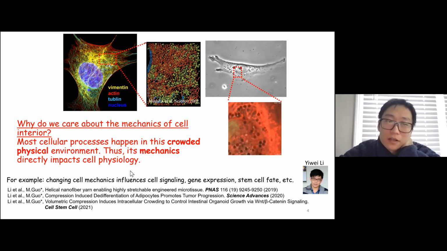And that has a profound influence on many fundamental cell biology processes, for example, cell signaling, gene expression, and stem cell fate. One particular thing that I want to talk about is a signaling pathway called Wnt beta-catenin signaling, which is important in development, cancer, and the intestinal system.